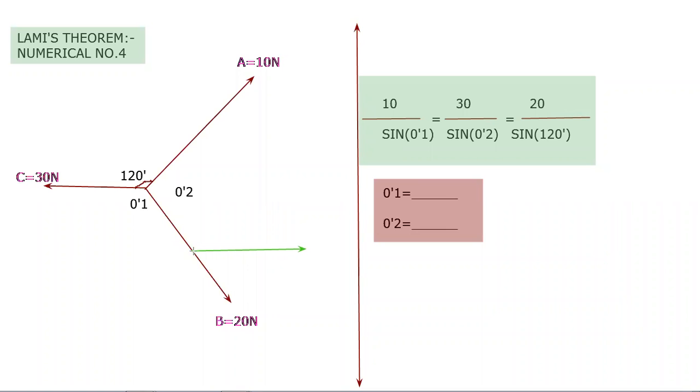Resolve this 20 Newton force in X and Y components, resolve this 10 Newton force in X and Y components, and try to use the resultant formula to find the unknown values. This is the other method to solve this numerical. But that method is long, so that's why we use the Lamy's theorem, which is the shortcut method.